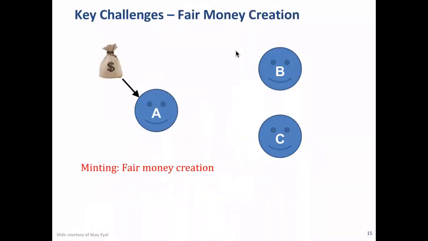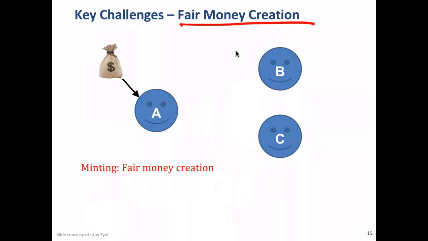Third, there should be a way to generate money, or fair money creation. Even in our systems, for example, when yesterday the government had a rate increase because of inflation, the rates have changed.